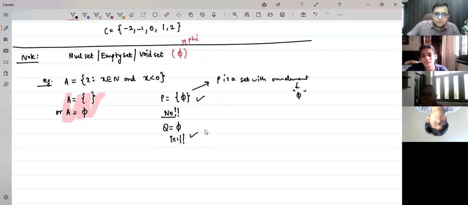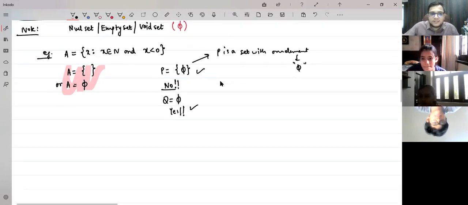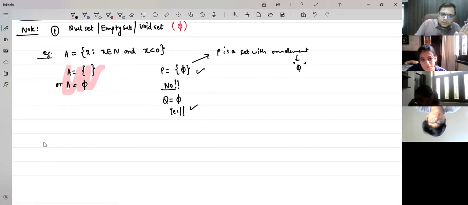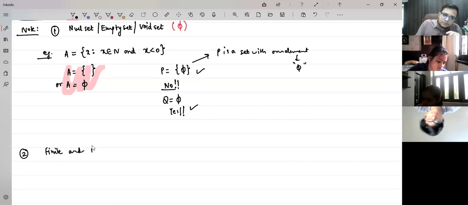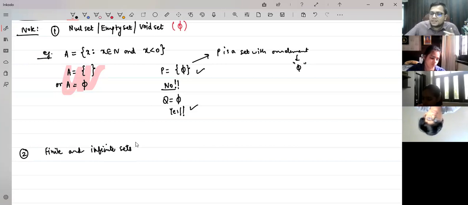Moving ahead, the next types of sets are, as the name will suggest, finite and infinite sets. A set which has a fixed, finite number of elements is known as a finite set. Infinite sets: a set which has an infinite number of elements.